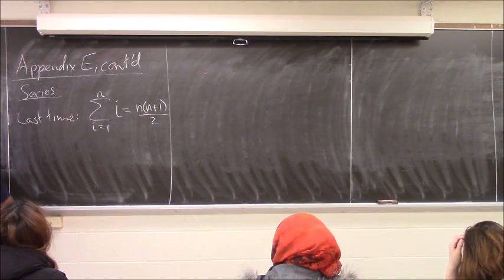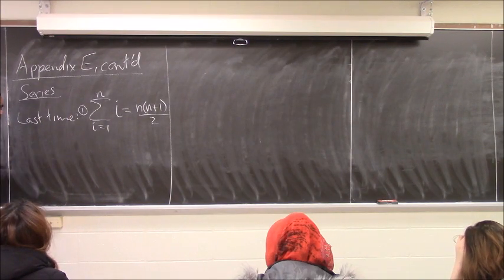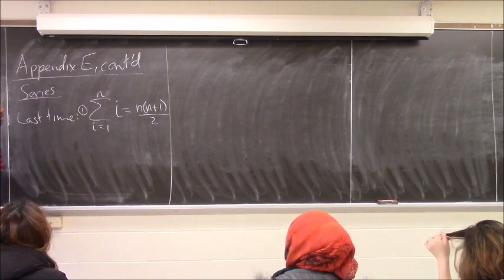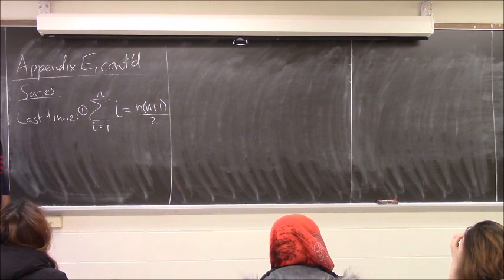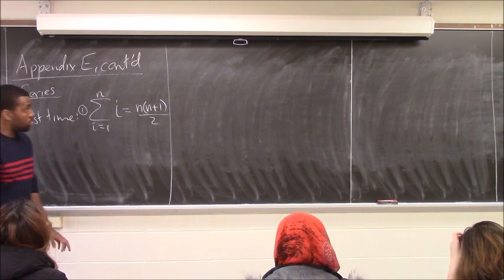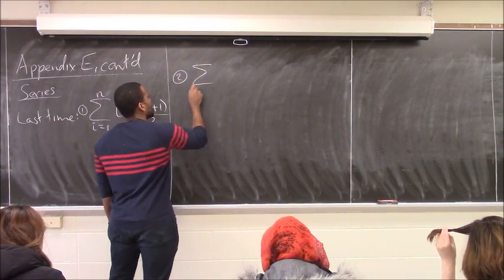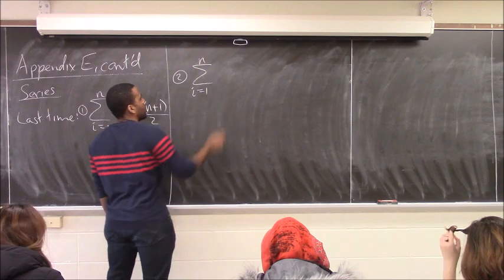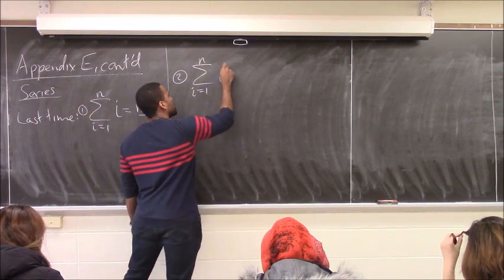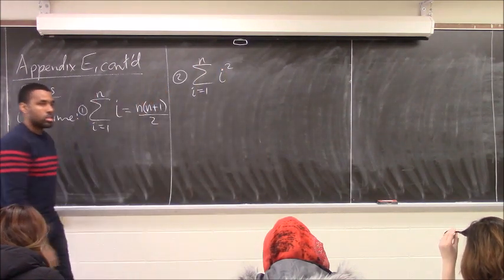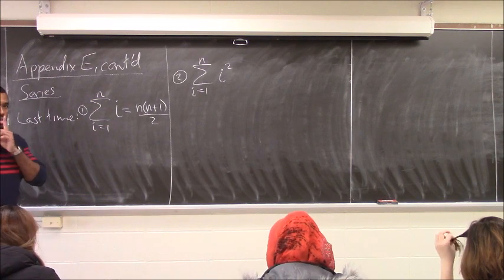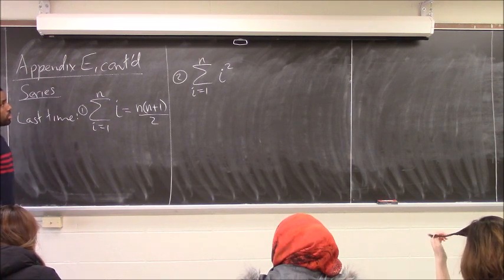So this is one of the formulas that we want you to know. And there are a few more that are going to be very convenient for us to know, although I'm not really going to derive them for you. The second formula is, for our purposes, we'd want to know how to add the first n squares.